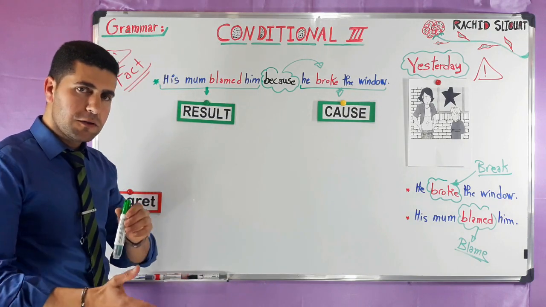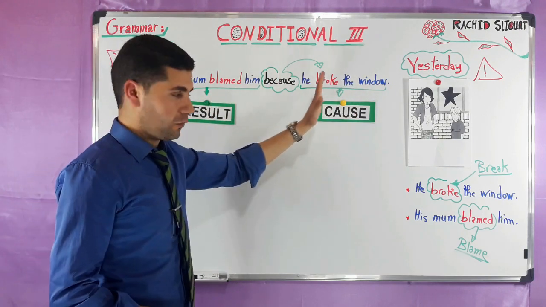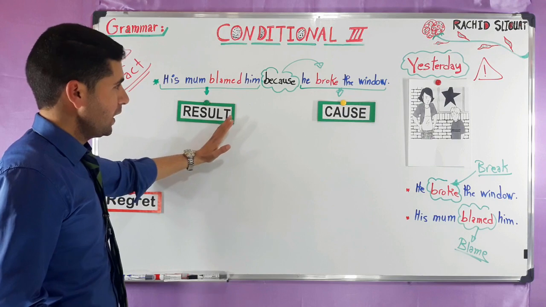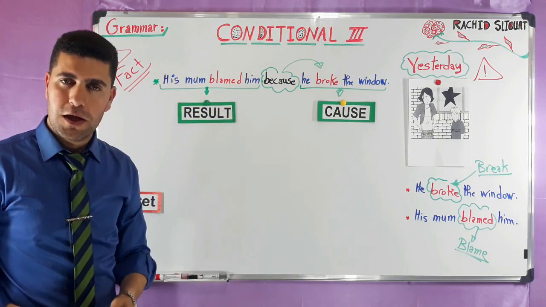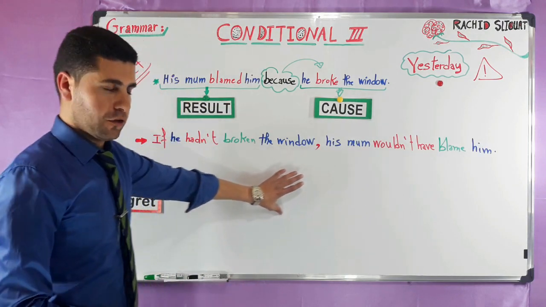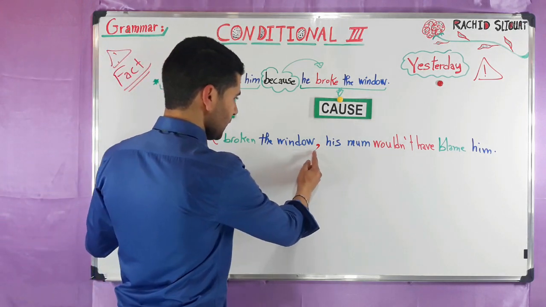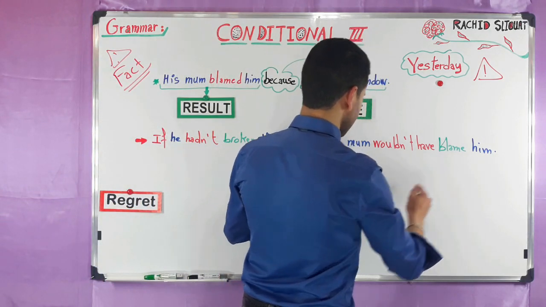Now let's put this sentence, in which we have cause and result, into a conditional 3. This is the conditional. Here we have two parts: part number 1, comma, and part number 2.